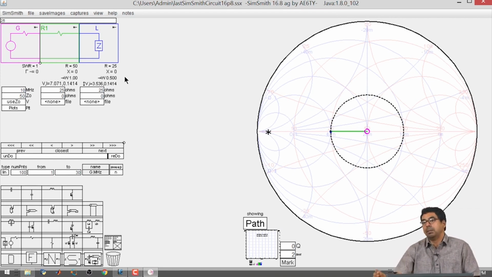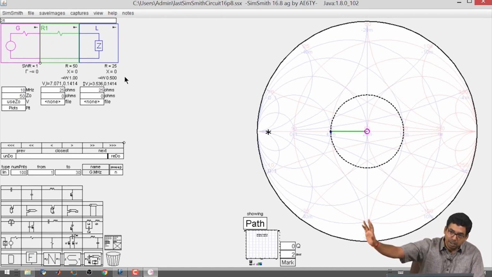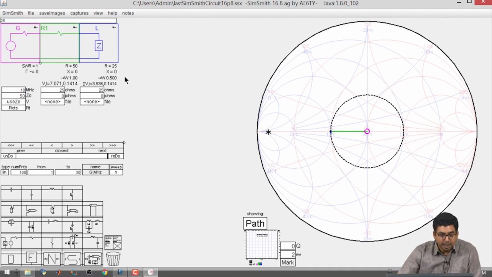So, the objective of impedance matching has to become very clear. It is not only to minimize the standing wave ratio or the reflection coefficient, it is to make sure that the maximum power that is possible is actually dissipated on the load. In this case, half the power is dissipated on the load.